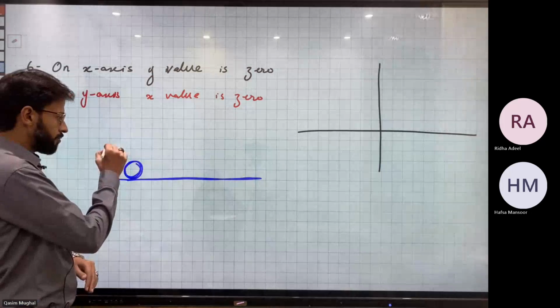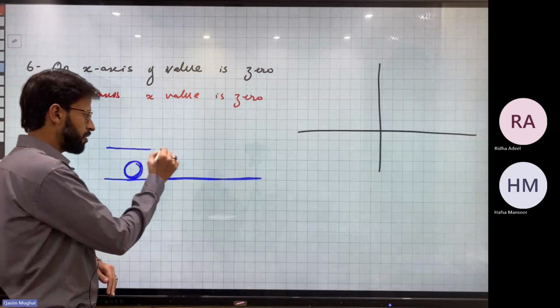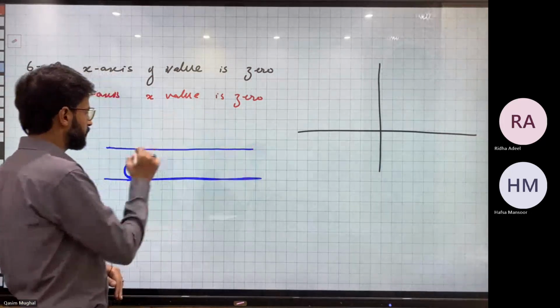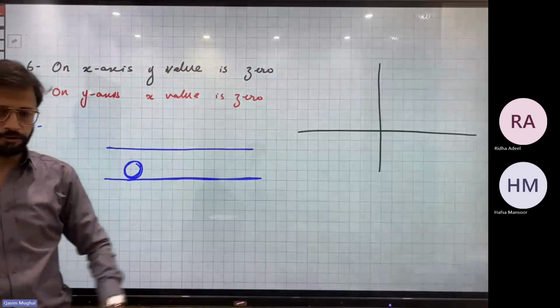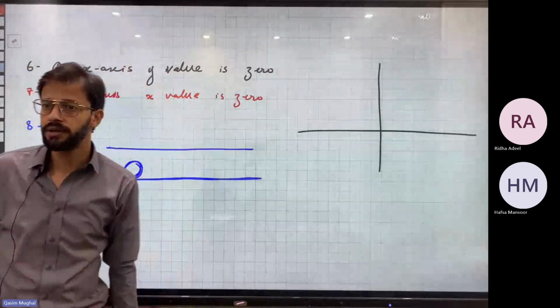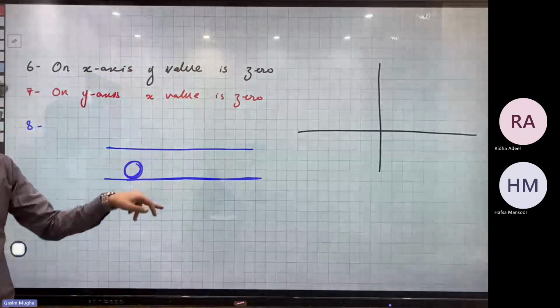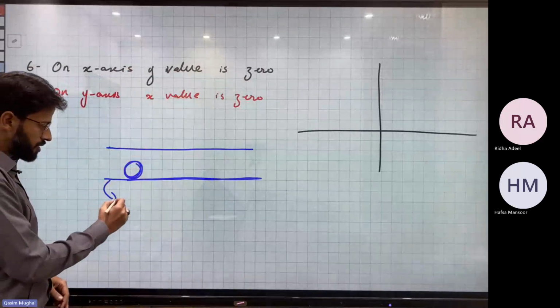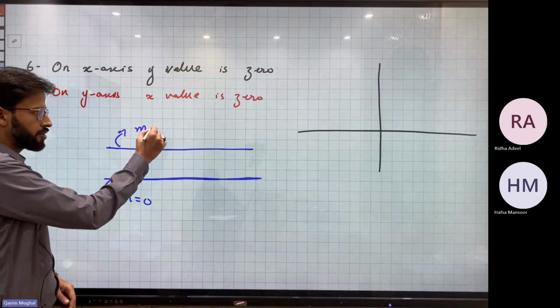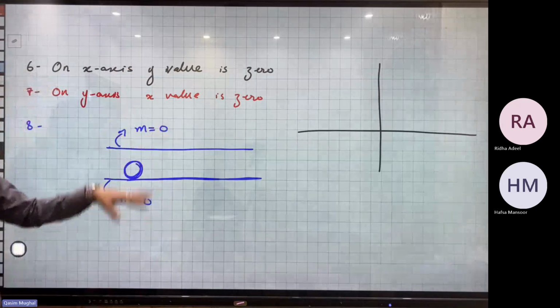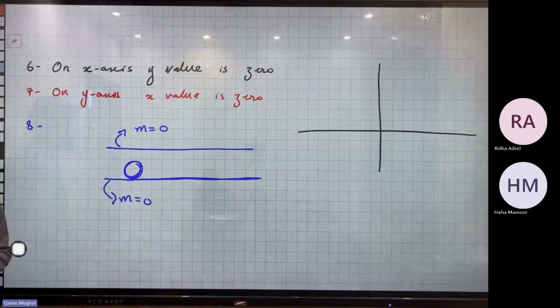I have another floor on top of me. Definitely both the floor and the ceiling are parallel to each other. So if they are parallel, the gradient for this one is 0. What is going to be the gradient for this one? So what can you say about the gradients of the parallel lines?